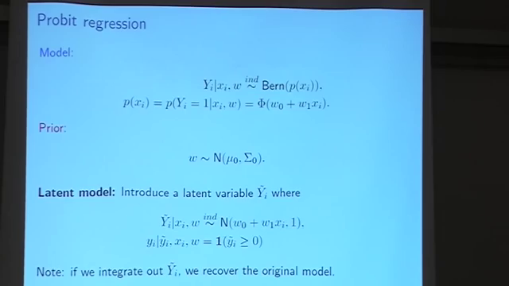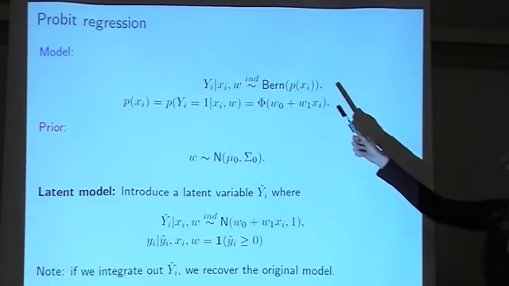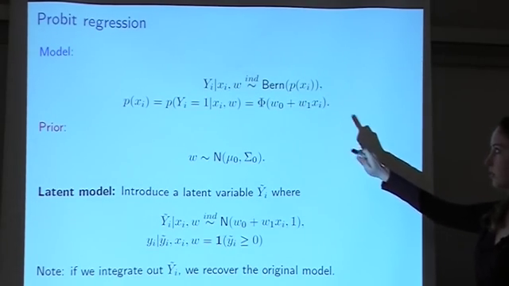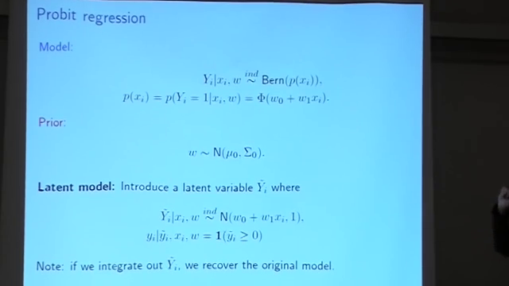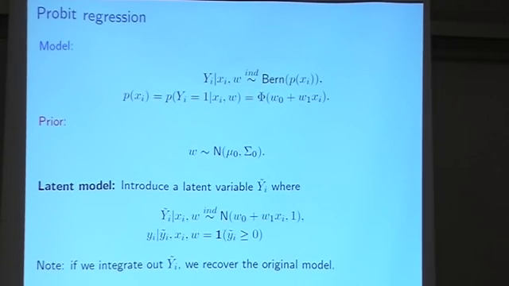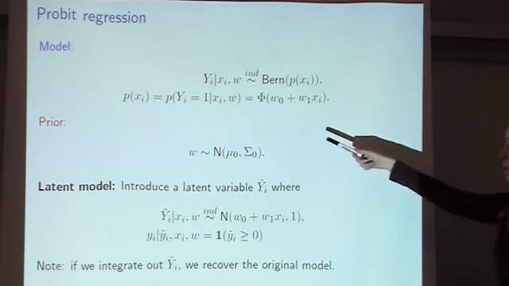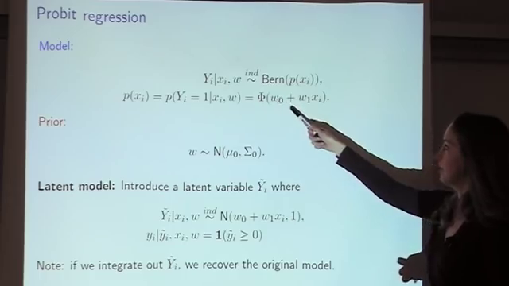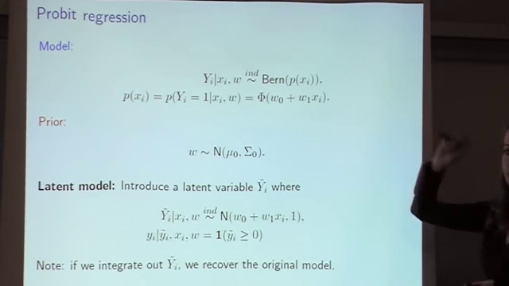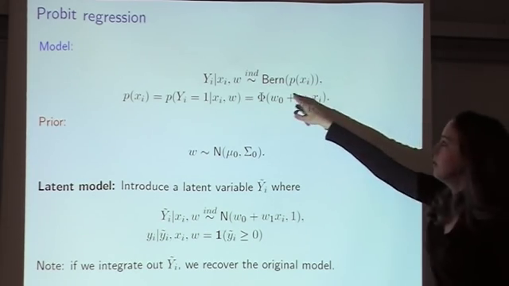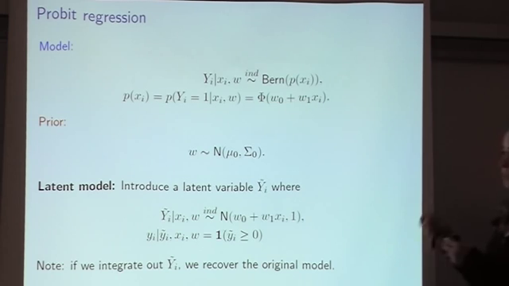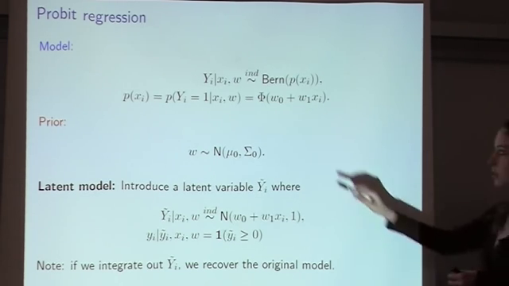So in this case, yi are Bernoulli distributed, so our output observations are either 0 or 1, and the probability that y is equal to 1 is just, well, we have a linear function of x, and then we map this function on the real line to the unit interval through the probit transformation.